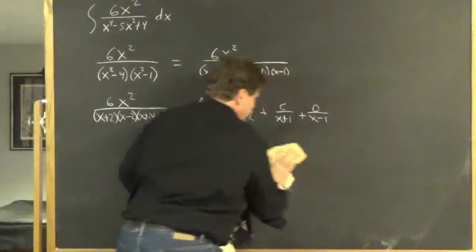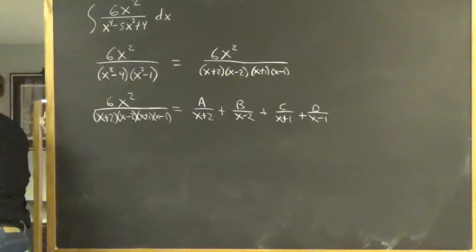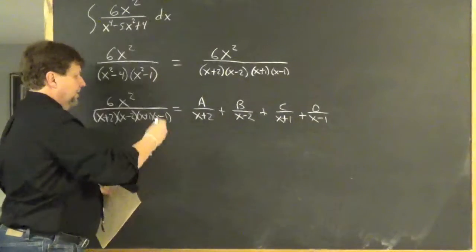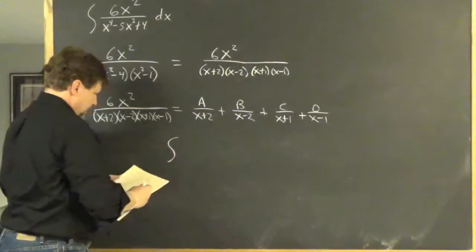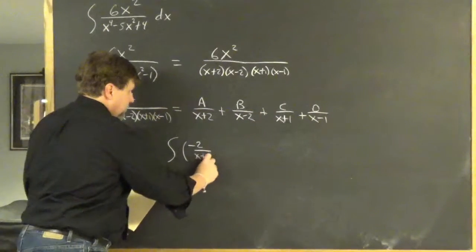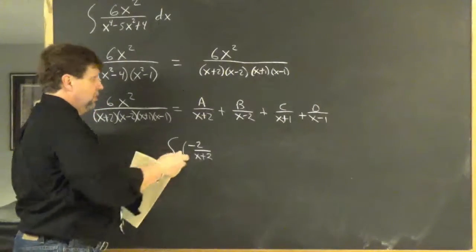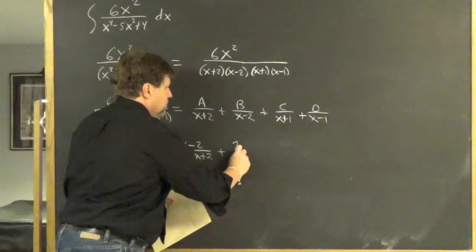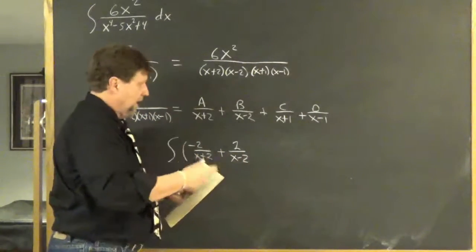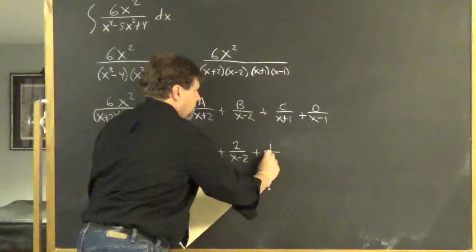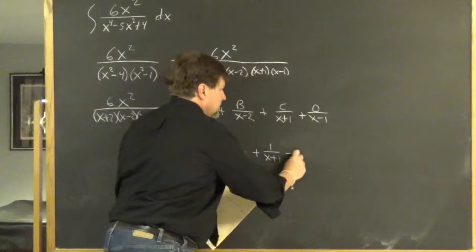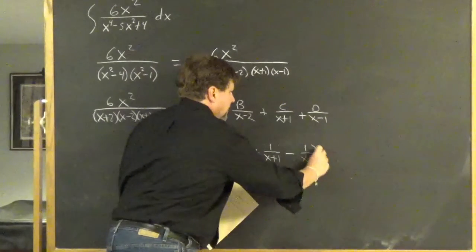With those values that we determined for A, B, C, and D, I've turned the original integral into integrating negative 2 over x plus 2, plus 2 over x minus 2, plus 1 over x plus 1, plus negative 1 over x minus 1.